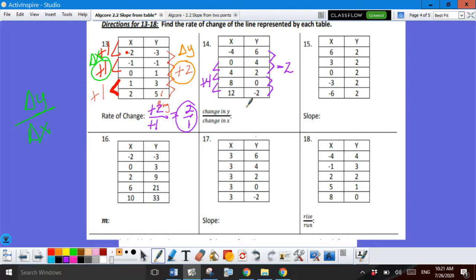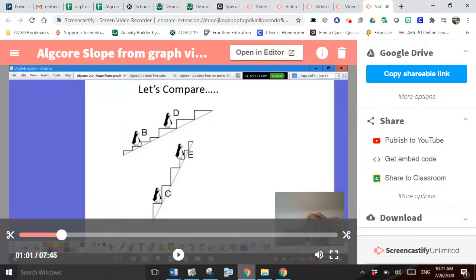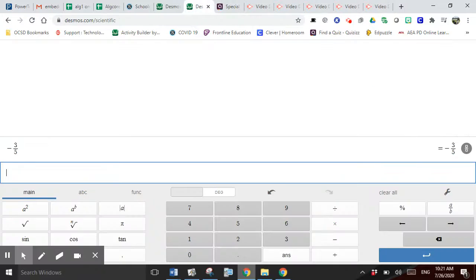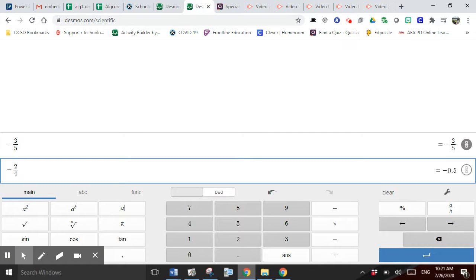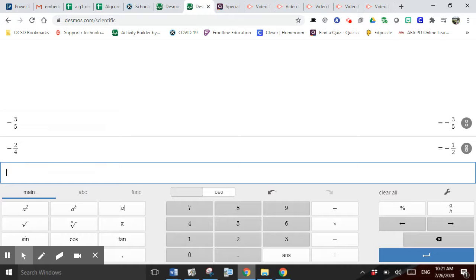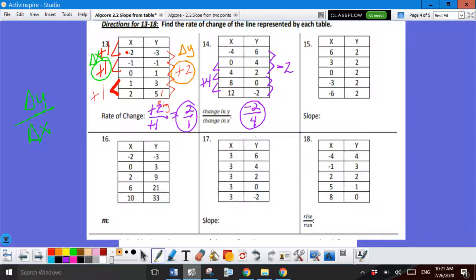Again, y over x, so -2 over 4. Is that simplified? I'm going to go ahead and pull up my calculator here. -2 divided by 4 is -1/2. So my final answer is -1 over 2.